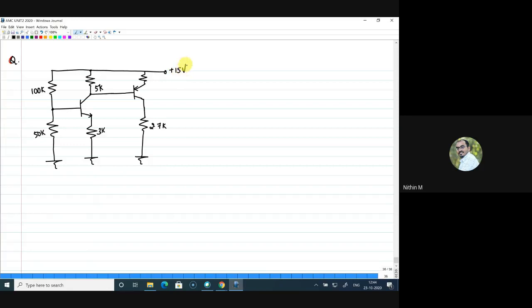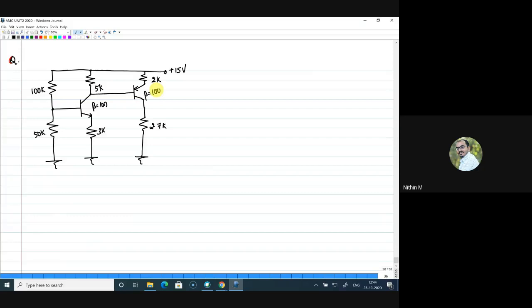This is plus 15 volts, and this resistance is 2K. So what was the beta we assumed yesterday? I think 100, right? Yes, sir, we took it as 100.